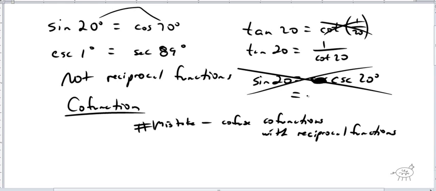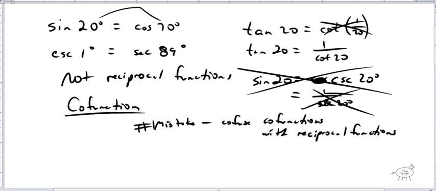If I would say reciprocal, you do 1 over cosecant of 20 degrees. That would be good, but not as a cofunction. So remember, sine and cosine, secant and cosecant, tangent and cotangent. They are your cofunctions. Okay, cofunctions, very, very, very important.